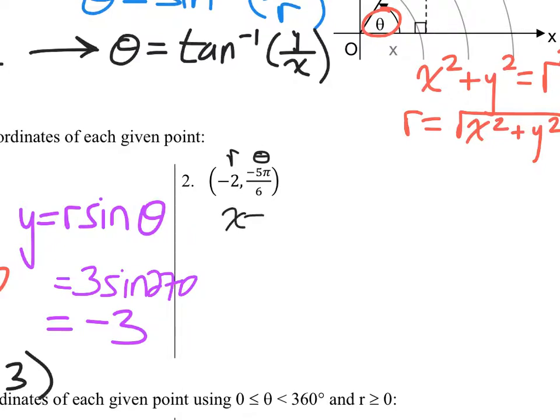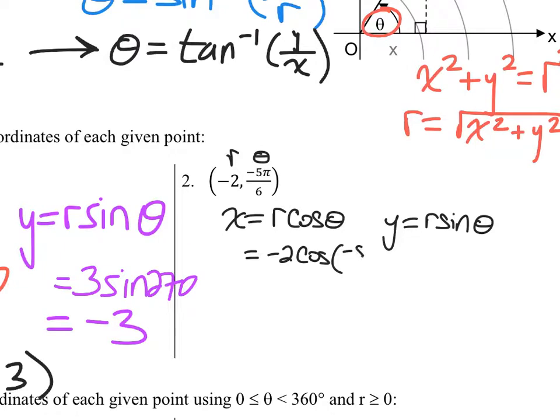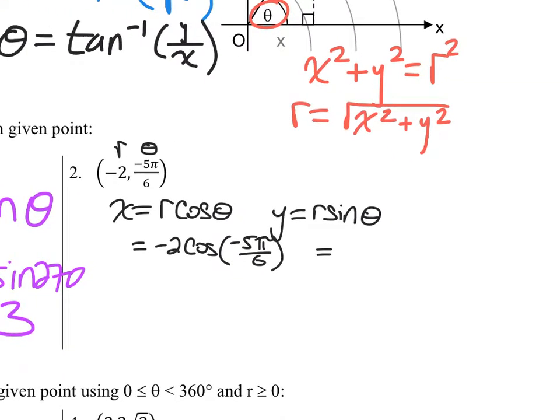So x equals r cosine theta, and y equals r sine theta. So -2 cosine of -5 pi over 6. And the same thing, just with a sine for the y value.